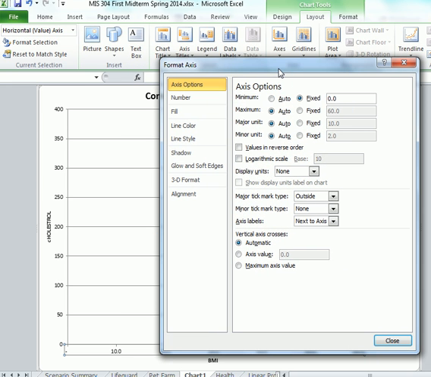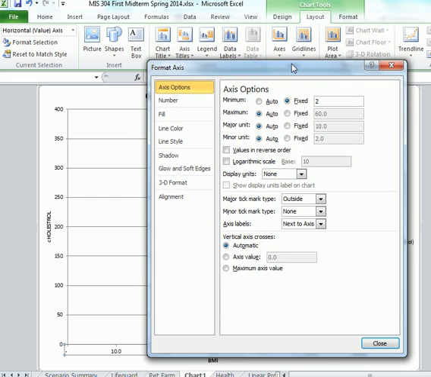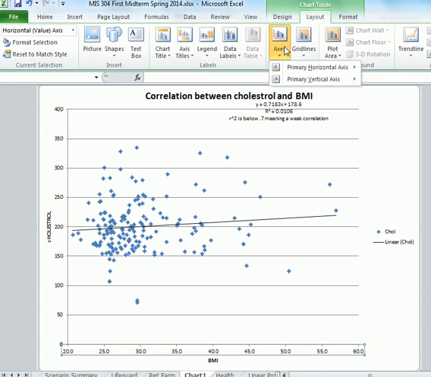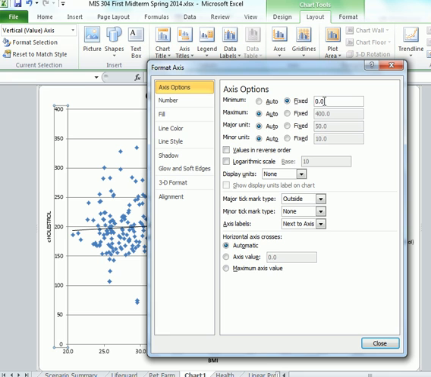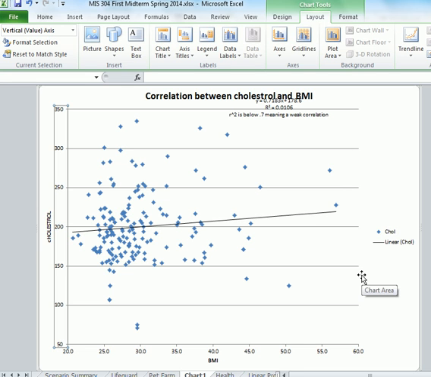Is it the horizontal or the vertical axis? So it should look like this. That's all for the chart.